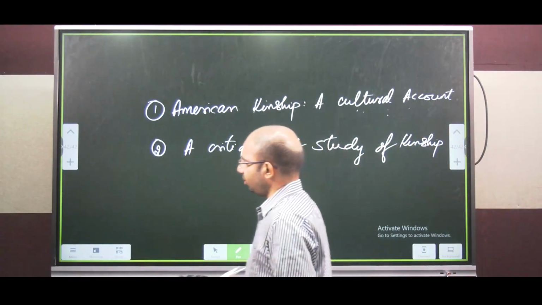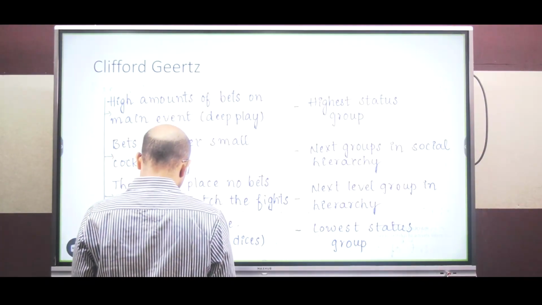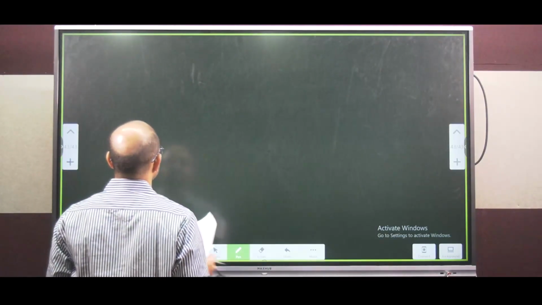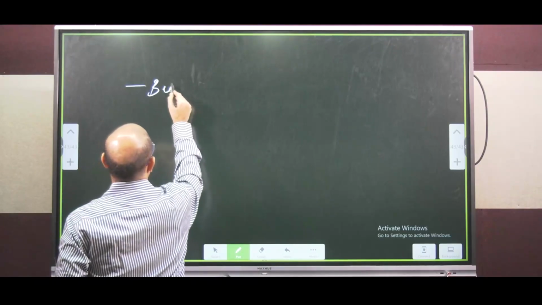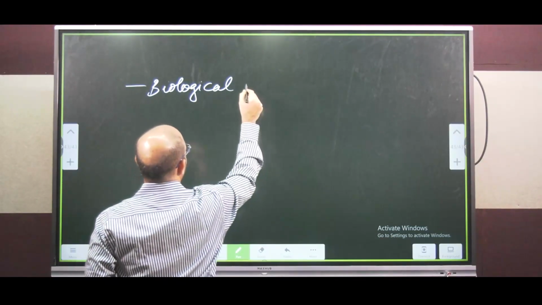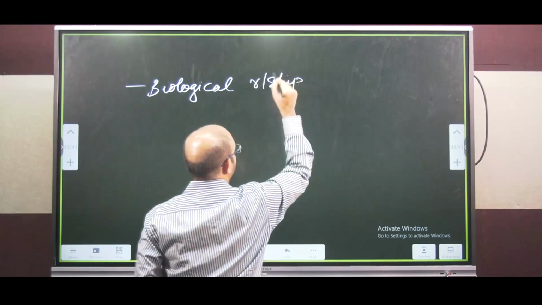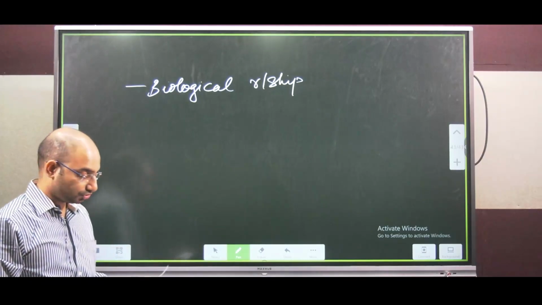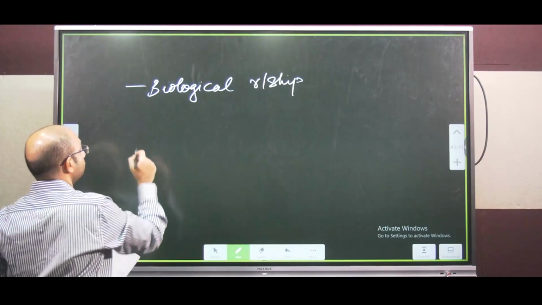So basically what he's trying to say is that generally people look at kinship through the Western approach. He says the Western approach to kinship is a biological approach. That is, it sees kinship as a biological relationship, or a relationship rooted in the biology of people. That's the Western notion of kinship. But he says this is not true.